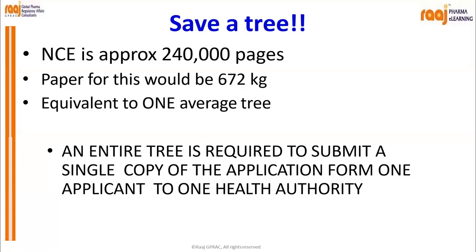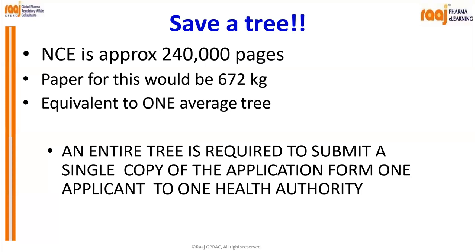from one applicant to one health authority. Now there are so many health authorities, right? Out of which only US, Europe, Japan, Canada, WHO, and so many. There are 257 countries in this world, and we have to follow country-specific and product-specific requirements. So suppose today I have my registration only in India.